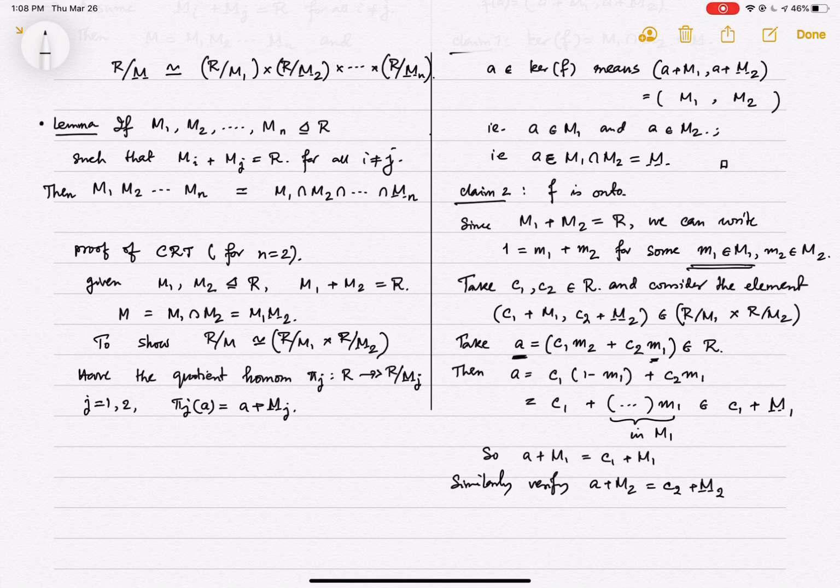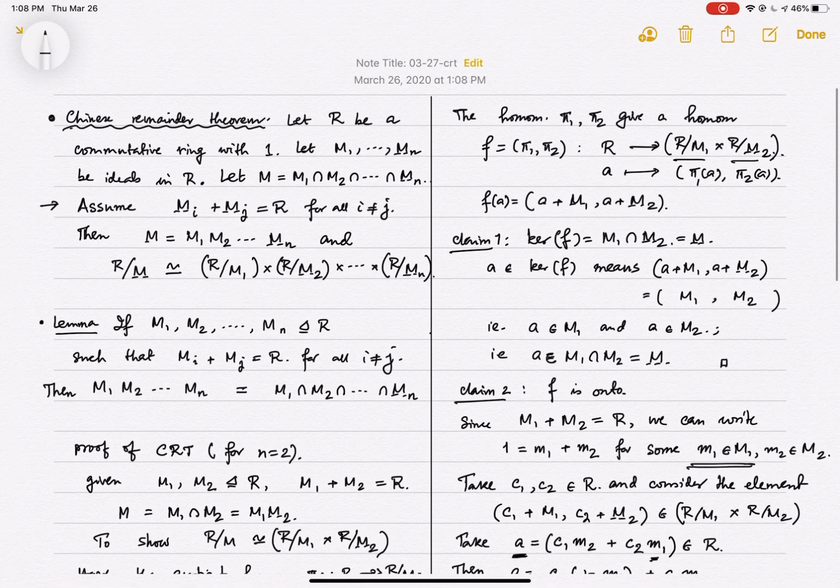So it's just the mirror argument of the one that we just did. What does this show? This shows that f of A, which is (A plus M1, A plus M2), is the same as (C1 plus M1, C2 plus M2). So f is onto.